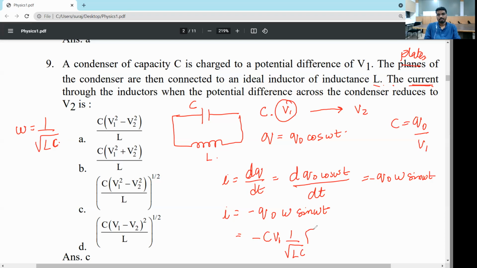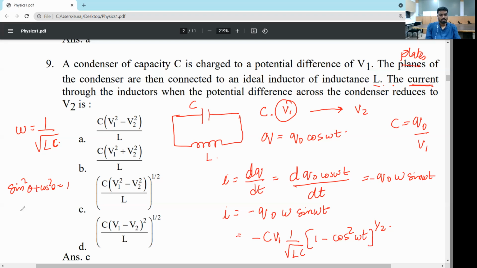Sin omega t I can write as 1 minus cos square omega t, power 1 by 2. How? Because sin square theta plus cos square theta equals 1, so sin theta is 1 minus cos square theta power 1 by 2.